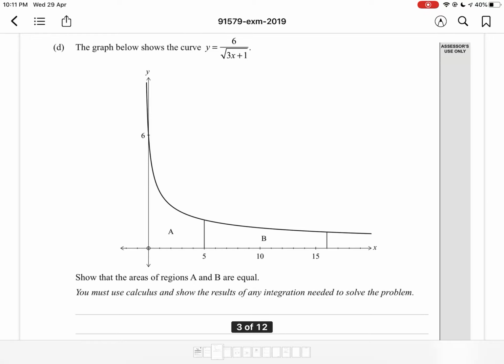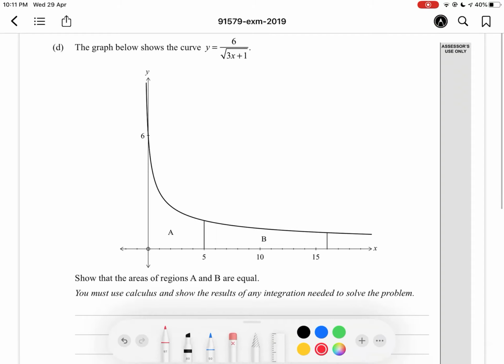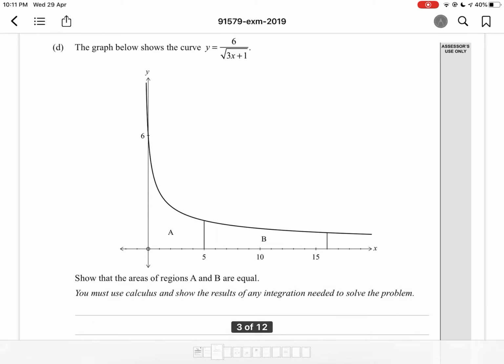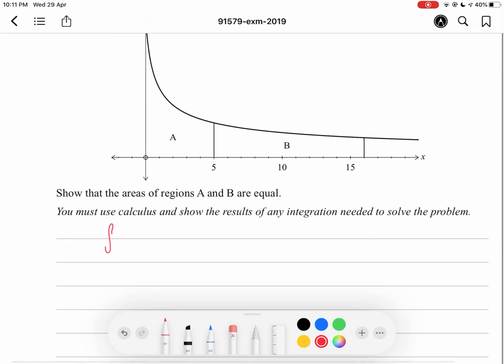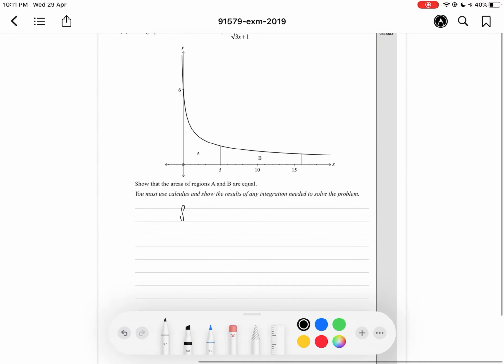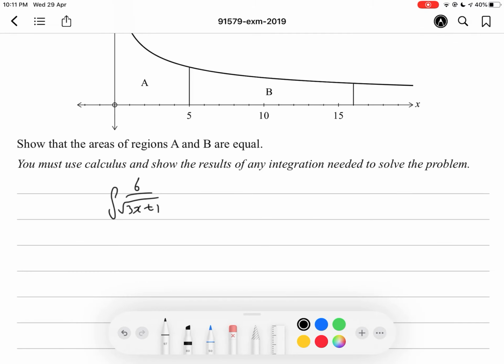Alright, so the way I like to do these questions is I prefer to use the substitution rule for 3x plus 1. So if we're trying to find the integral of 6 divided by square root of 3x plus 1 dx, I'll let u be equal to square root of 3x plus 1.